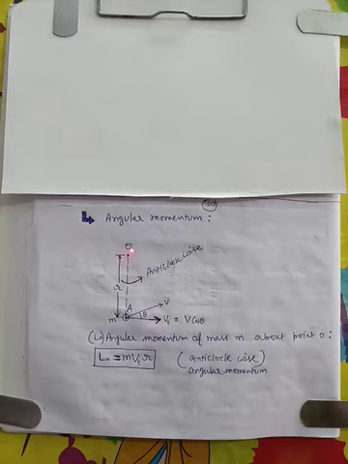The velocity of the body is along this direction, but suppose the body is rotating about O with the help of some other source. Then the tangential velocity of A, the velocity of A perpendicular to this line OA, will be v cos theta.